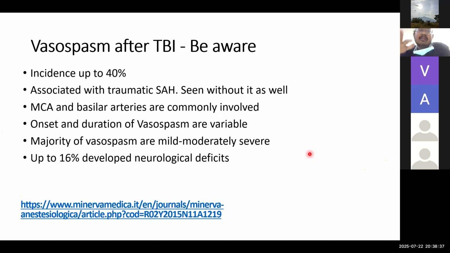So we need to keep in mind that it is not less severe compared to aneurysmal SAH. It is almost at par. Up to 16% develop neurological deficit, although the majority have mild to moderately severe vasospasm, but in terms of onset and duration, whenever there is traumatic SAH, vasospasm is at par with aneurysmal SAH.